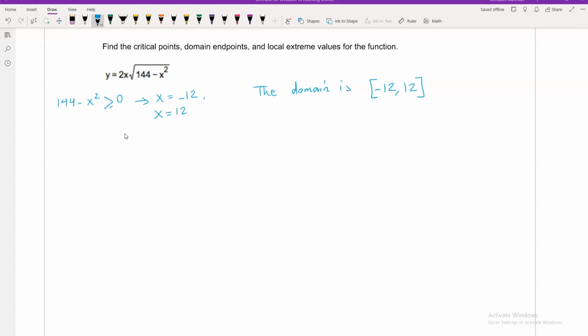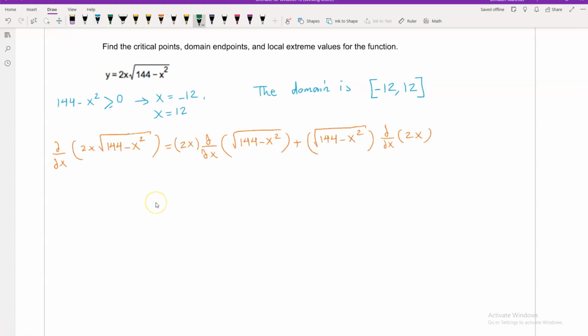Now to find critical points, we differentiate the function with respect to x. This is equal to 2x times the derivative of the square root, plus the square root times the derivative of 2x.